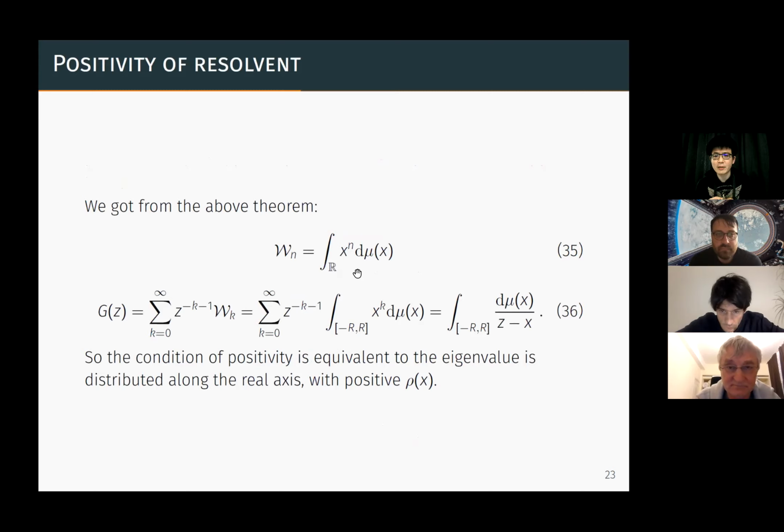We just substitute equation 35, the moments by the measure mu, into the resolvent function, and we come to the conclusion that the analytic function G(z) defines an eigenvalue distribution that is only on the real axis and is positive everywhere.